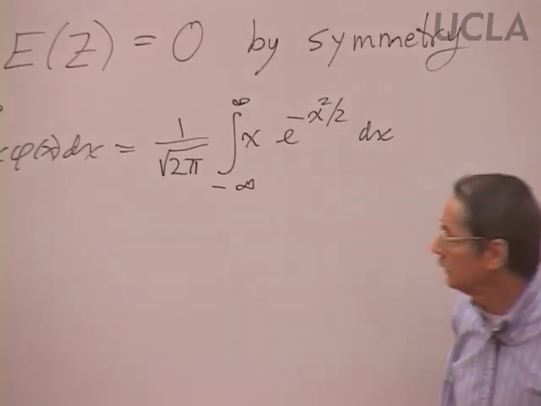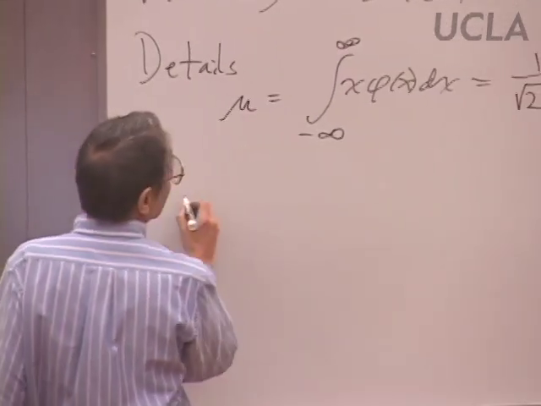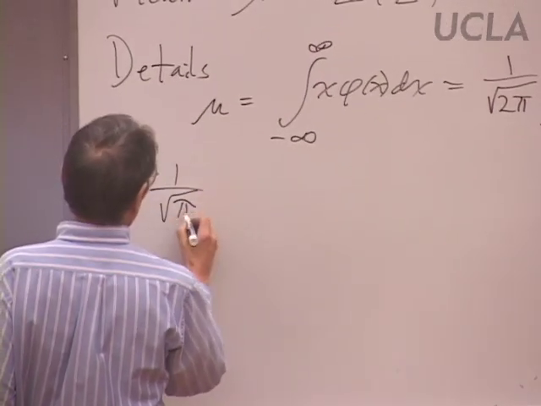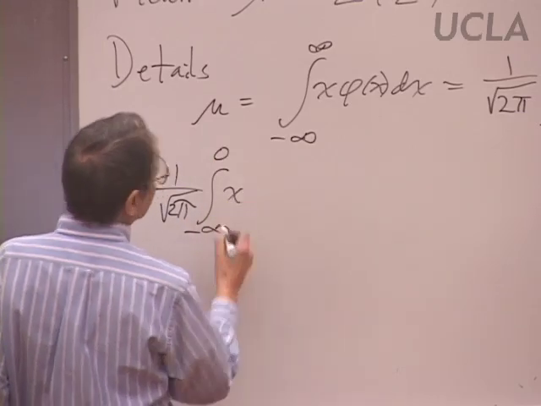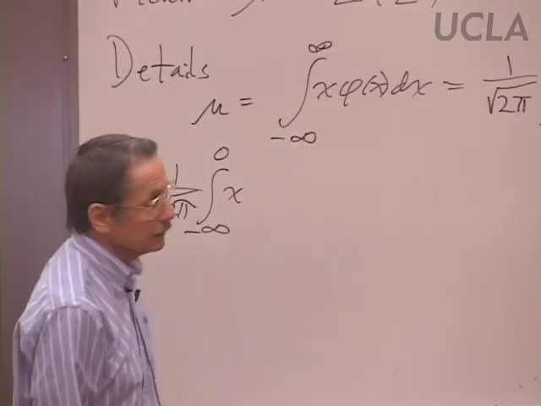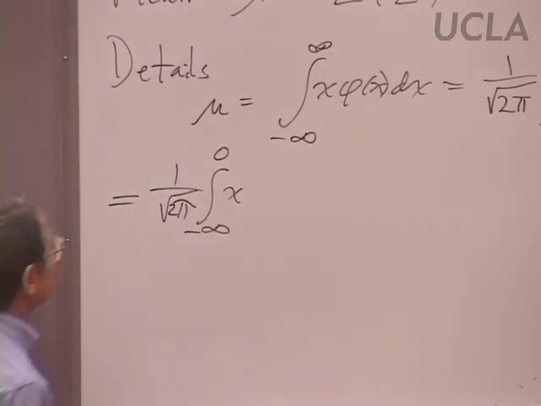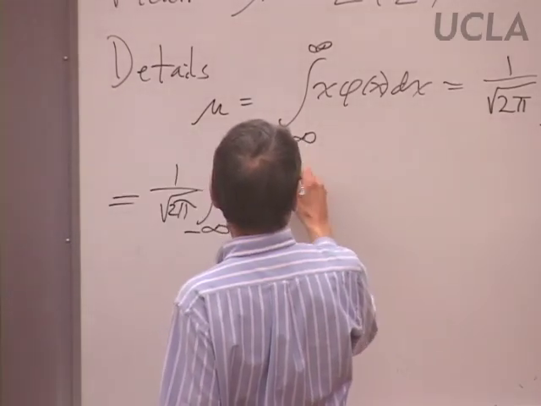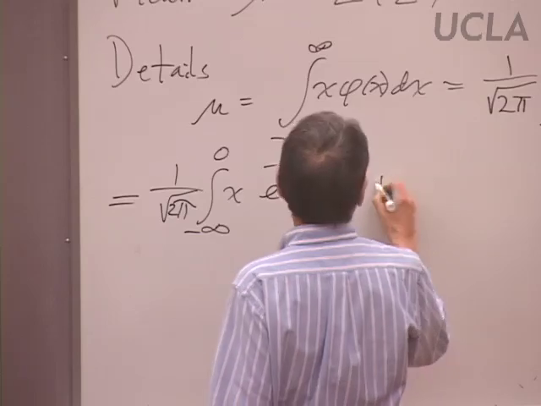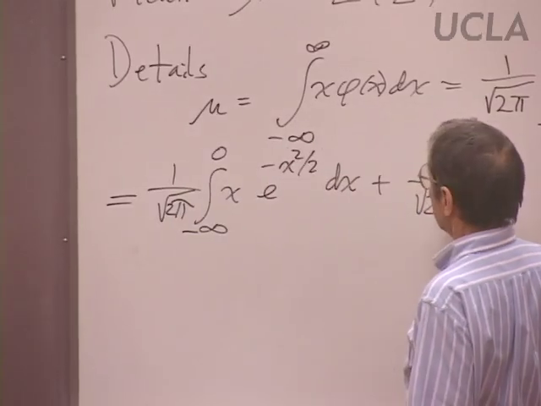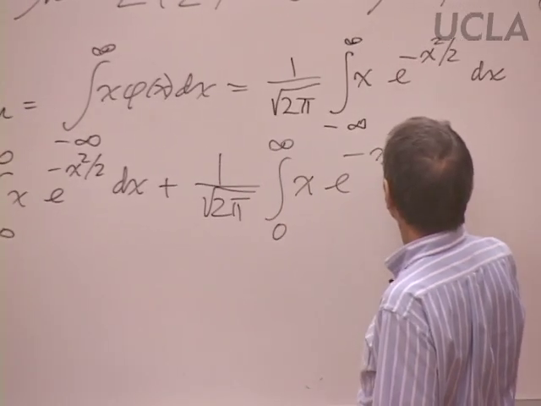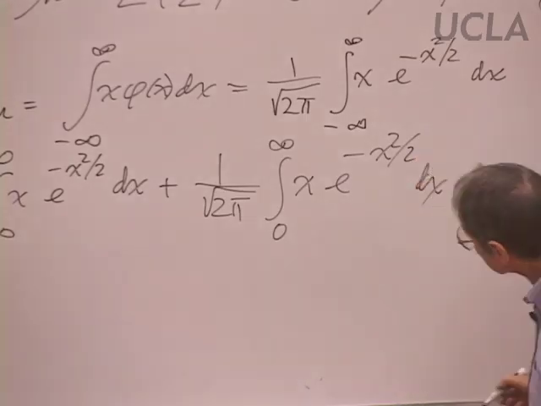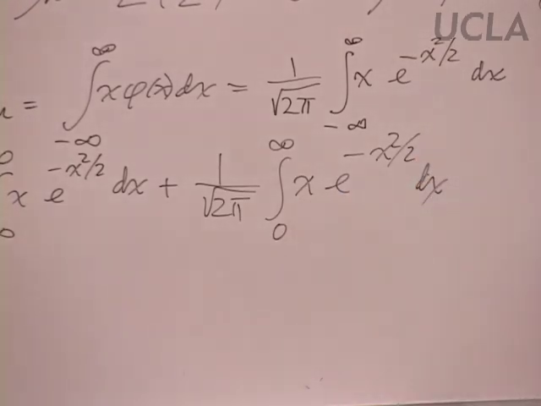So we do that. Now, first I'm going to break it in half. Instead of doing the whole thing, minus infinity to plus infinity, I want to do it in 2 steps, to make sure that everything's going to be okay.